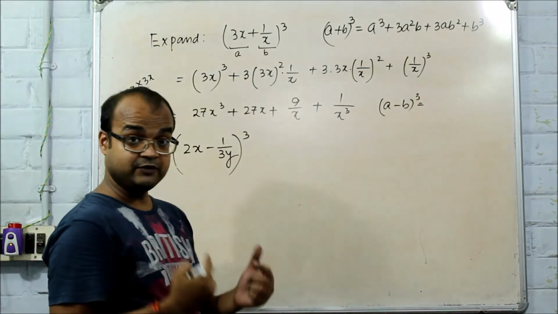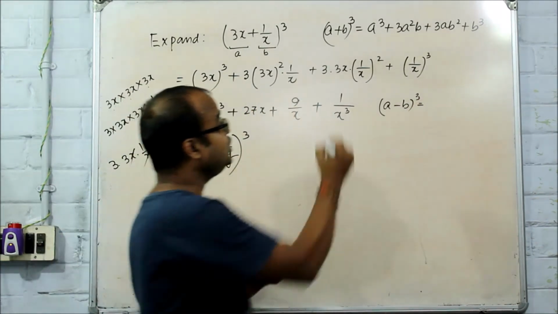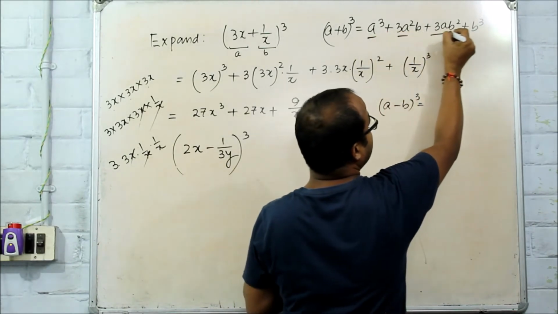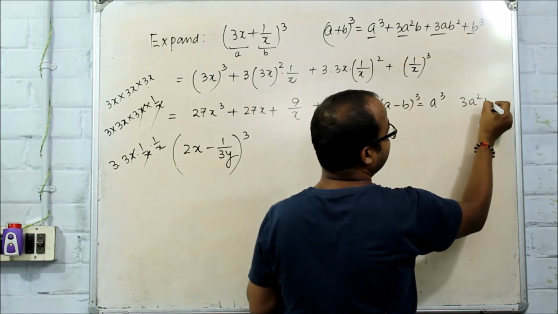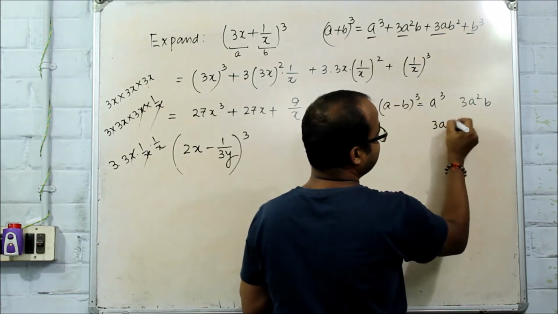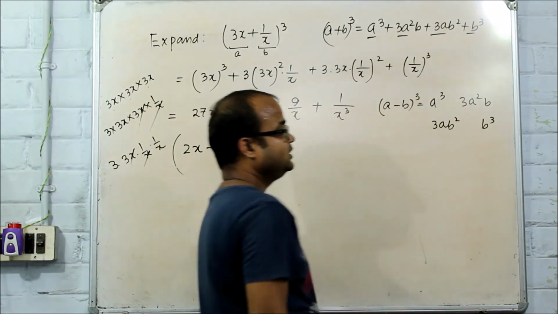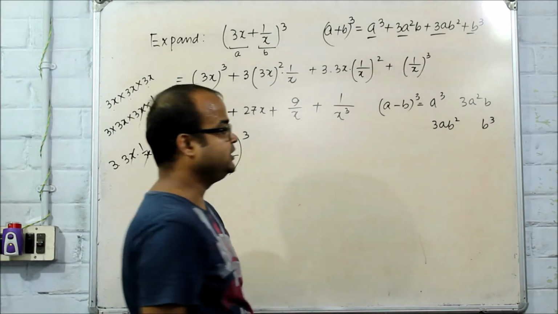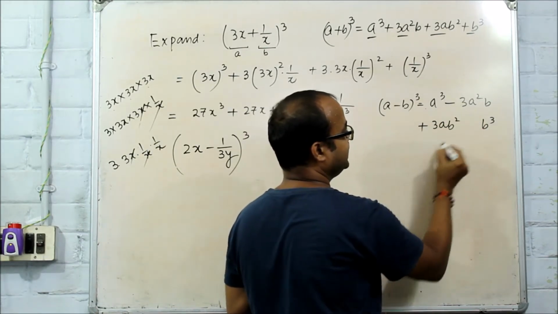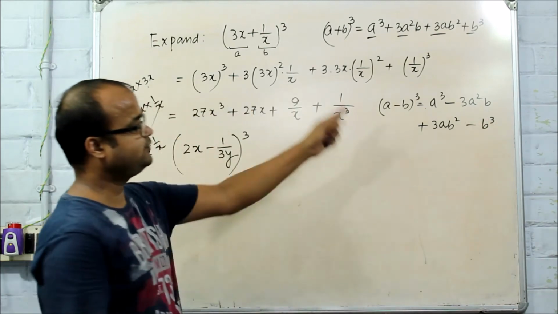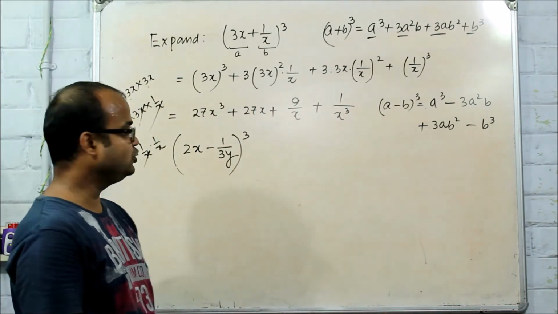When I was explaining the formula, I told you all the terms remain the same. That is a cube, 3a square b, 3ab square and b cube. Sign will change alternatively. So this is plus, this is minus, this is plus and this is minus. So this is the formula of a minus b whole cube.